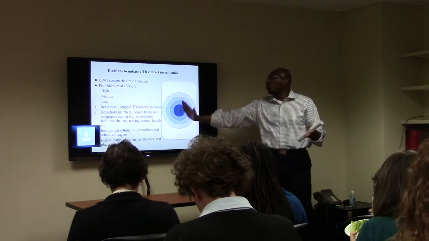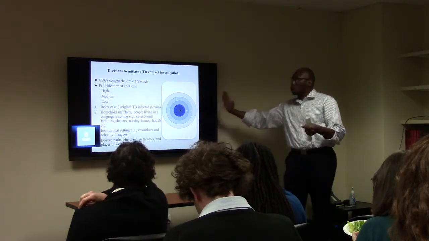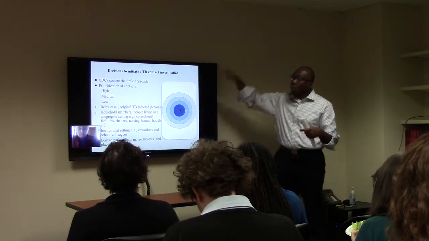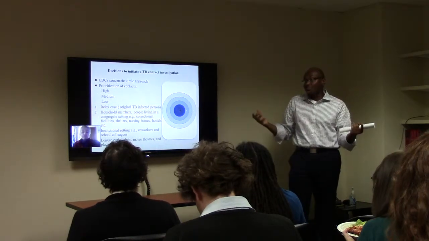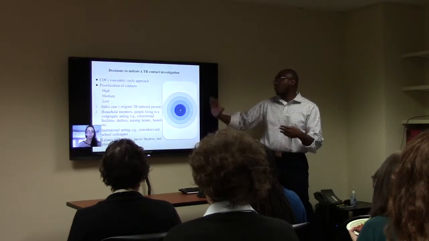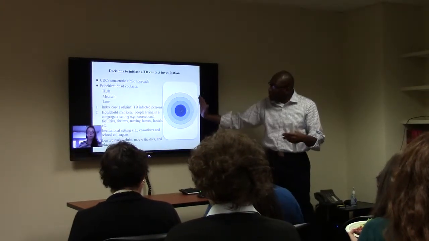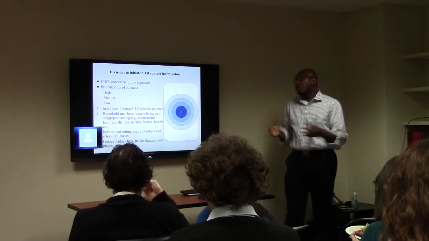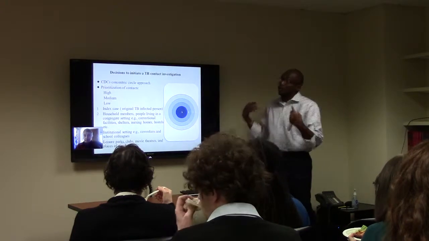So you move from in to outward, the circle. So the closer you are to the index case, that makes you a higher priority when it comes to contact investigation. At times you do a contact investigation on 2 and 3, high priority or medium contacts, and you stop at that because of funding.